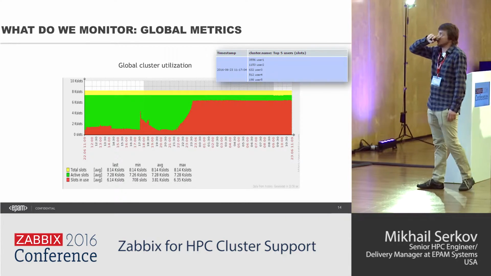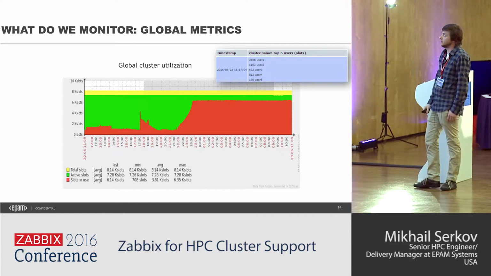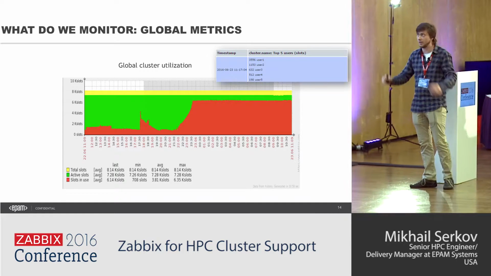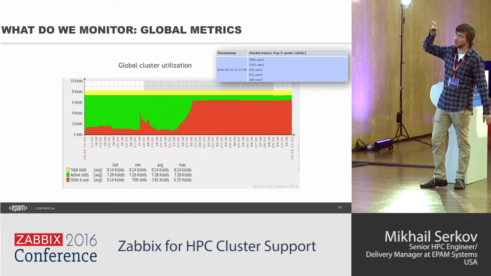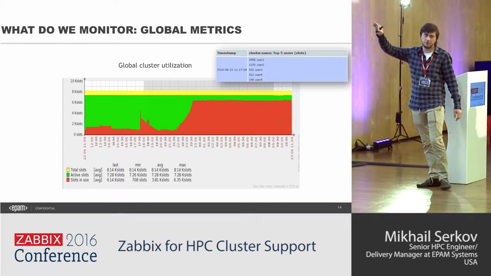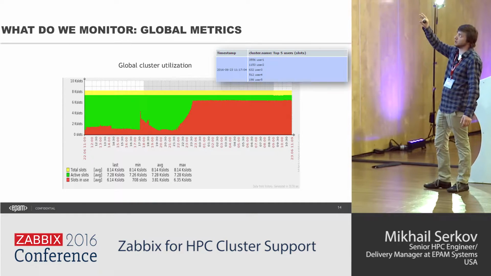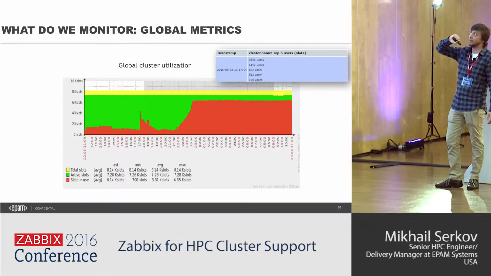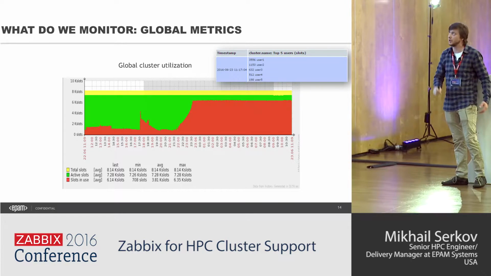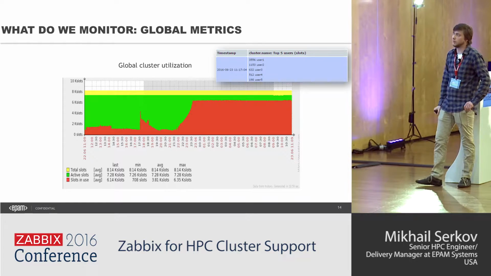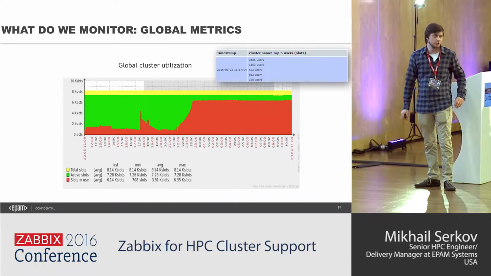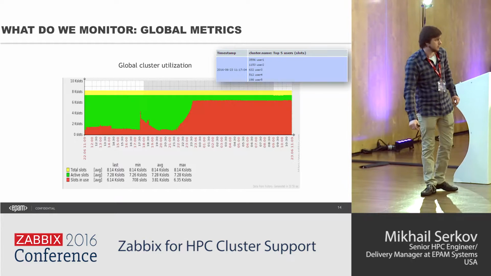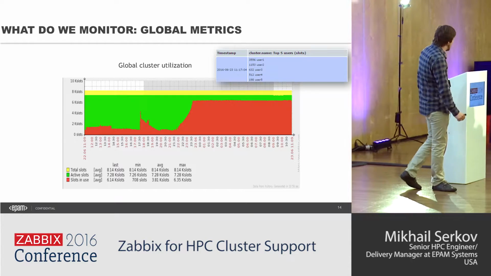And in this table above, we have some kind of annotation for every single graph. For this graph, it's about the top 5 users running on the cluster at the moment. It was kind of a trick for us because some of our external scripts return arrays, and Zabbix doesn't support arrays well.